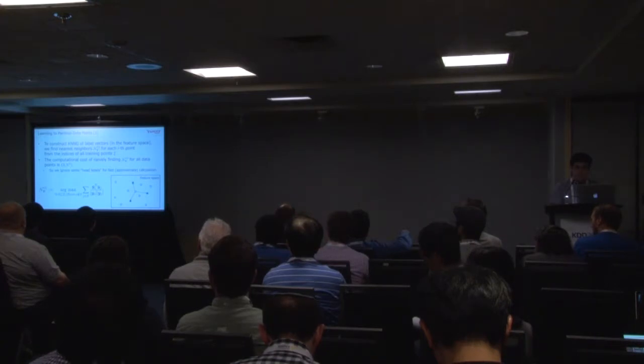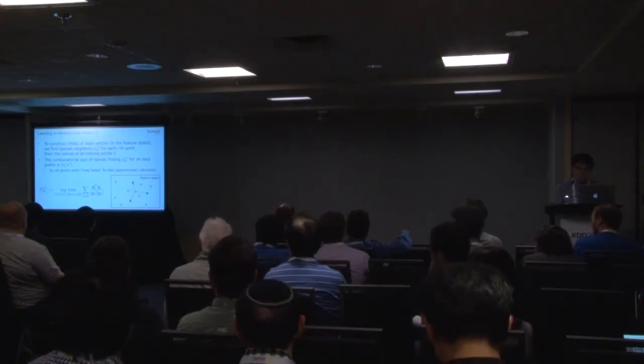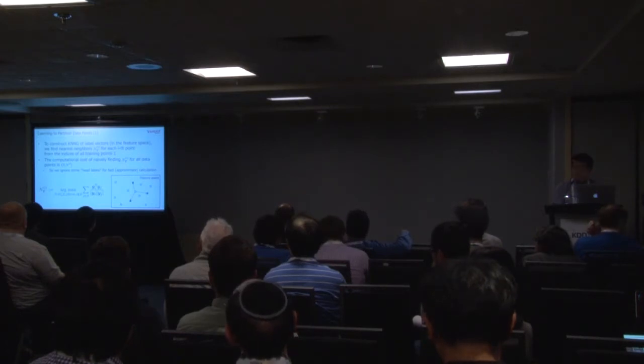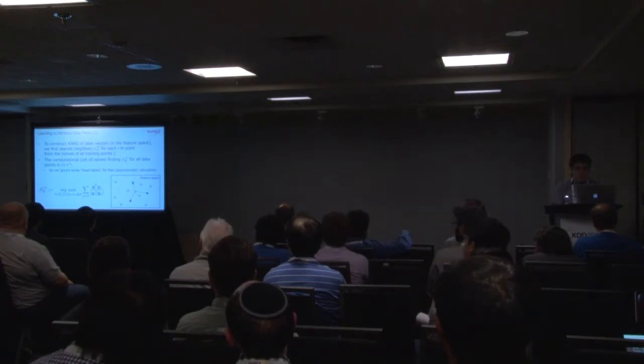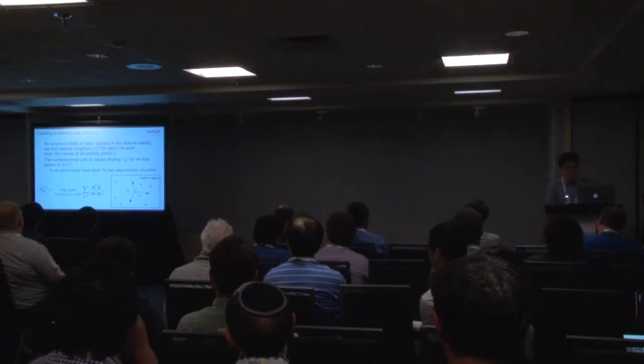as a k-way minimum graph cut problem, and construct a k-nearest neighbor graph of label vectors. The computational cost of naively finding k-nearest neighbors for all data points is N squared. However, since label vectors are typically sparse in this problem setting, we utilize an inverted index to find k-nearest neighbors efficiently.